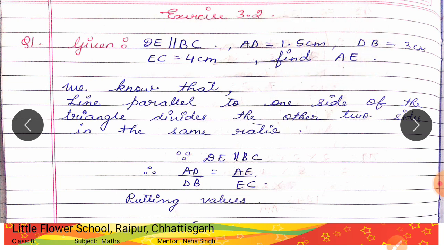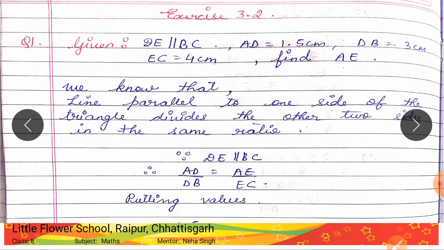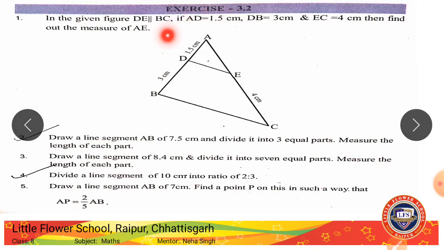Then we know what I had said just now, a line parallel to one side of the triangle will divide the other two sides in equal ratio. So we can say that AD upon DB will be equal to AE upon EC, right?